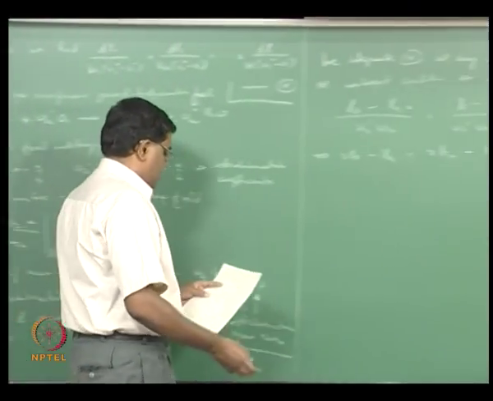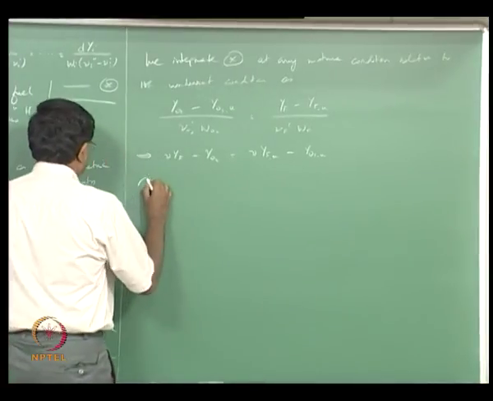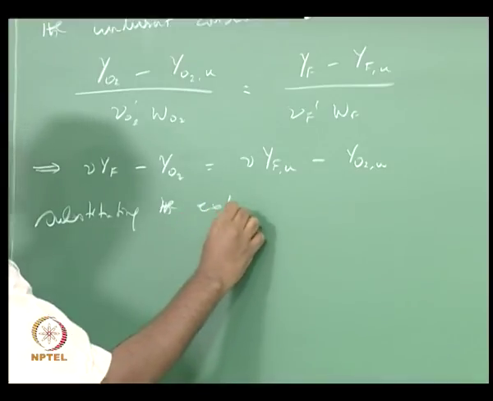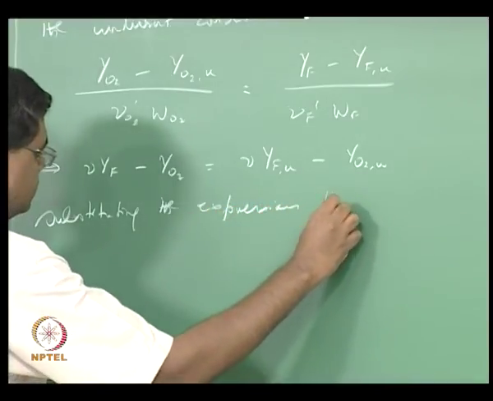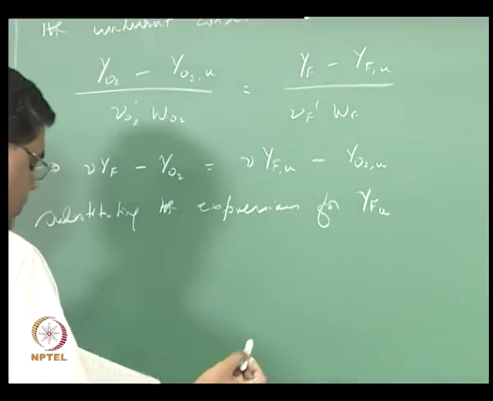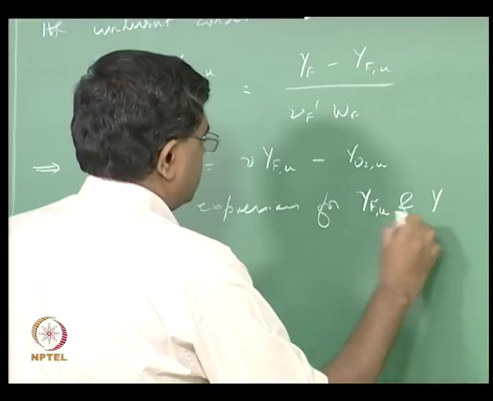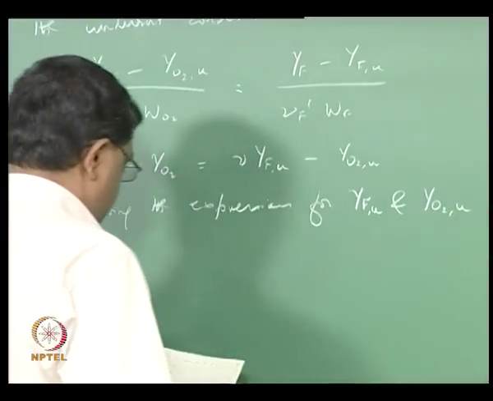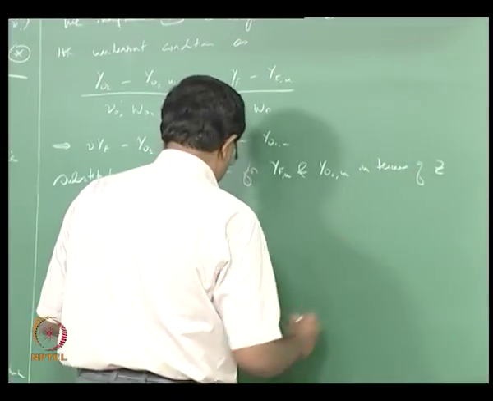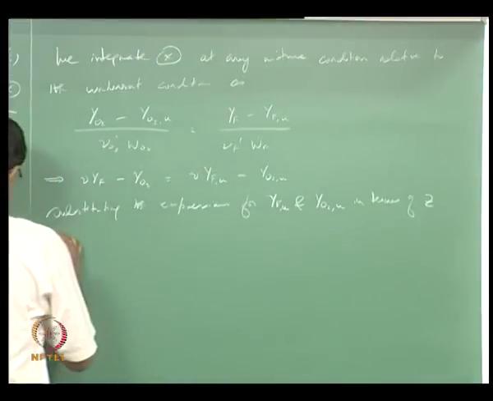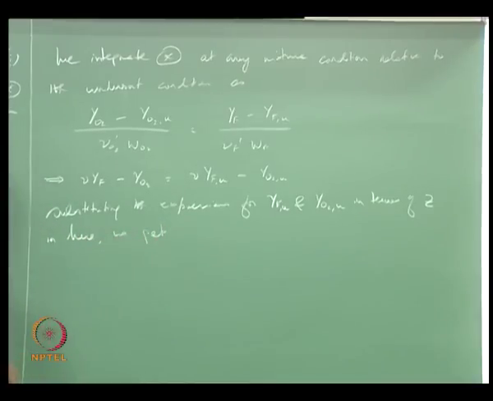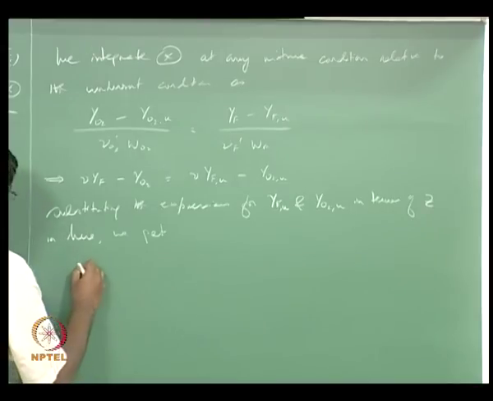So substituting the expressions for YFU and YO2U in terms of Z in here, we get, and then of course rearrange.